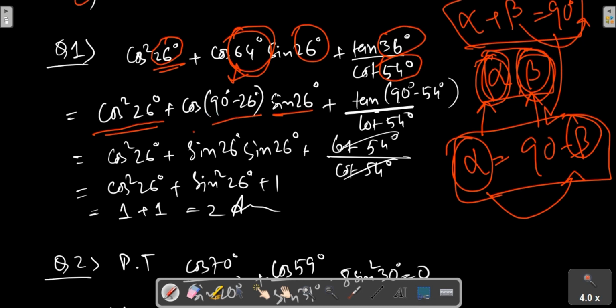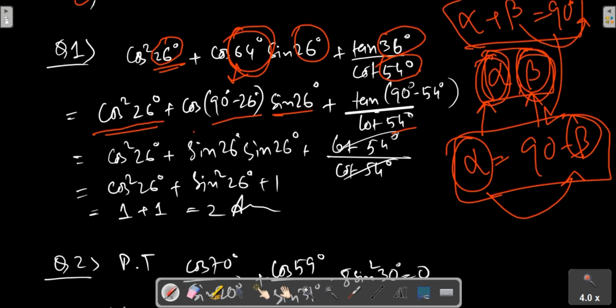And verbally in your mind, calculate that 90 minus 26 gives 64. You will see that yes, it is giving 64. In the same manner, here I have not changed 54, and I am changing 36. So in the place of 36 I am writing 90 minus 54.